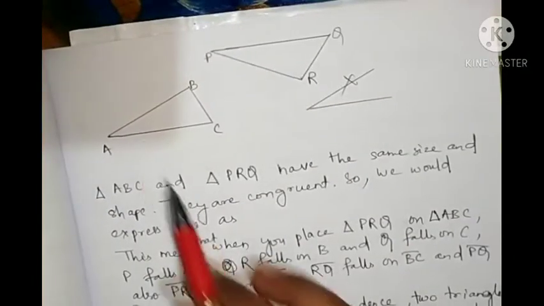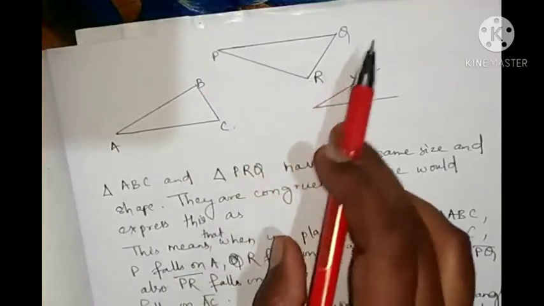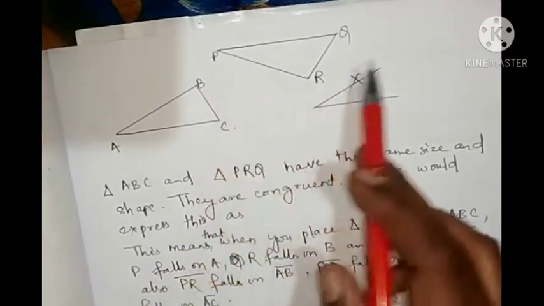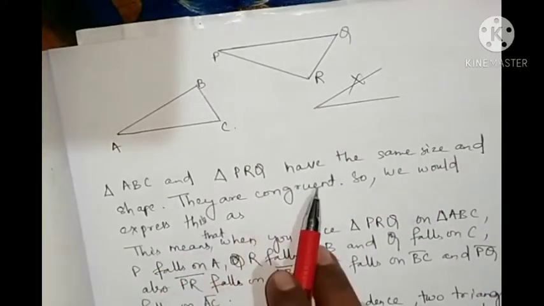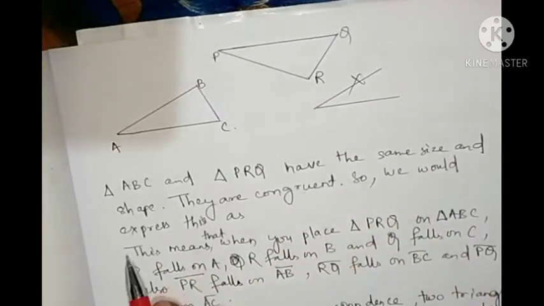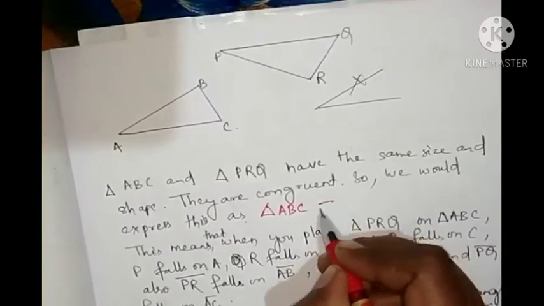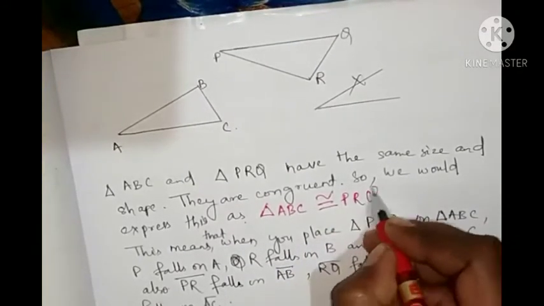So look here, two triangles are given, ABC and PRQ. Triangles ABC and PRQ have the same size and shape. They are congruent, so we would express this as what? Triangle ABC is congruent to triangle PRQ.